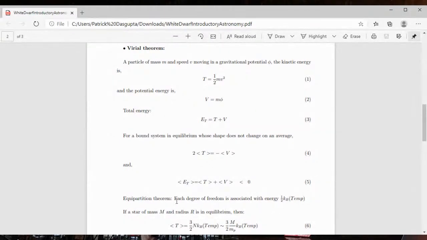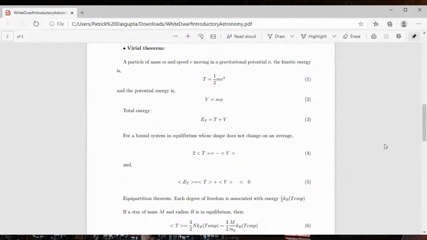So every degree of freedom of a particle in a system at thermal temperature T will have energy half k_B times temperature. This is normally proved in a statistical mechanics course under the term equipartition theorem.